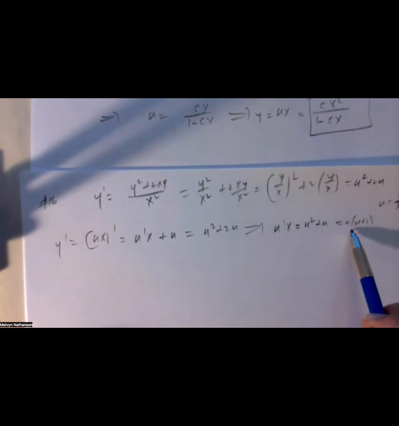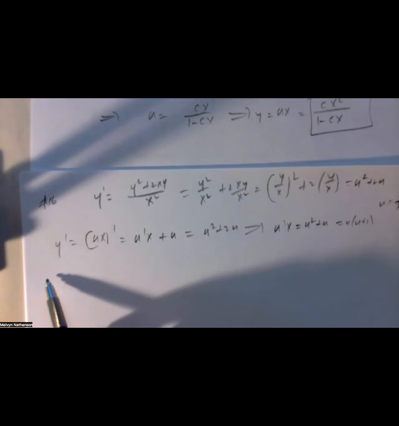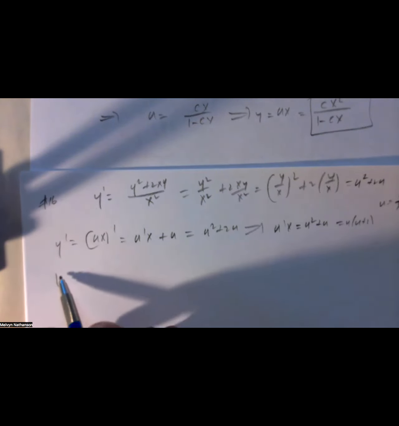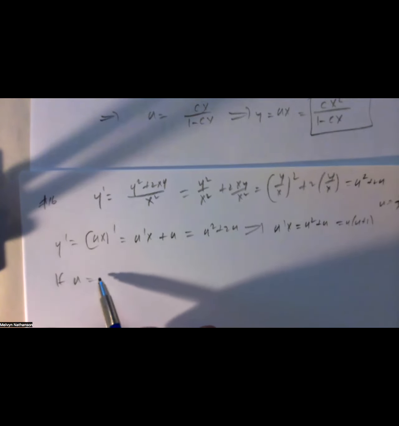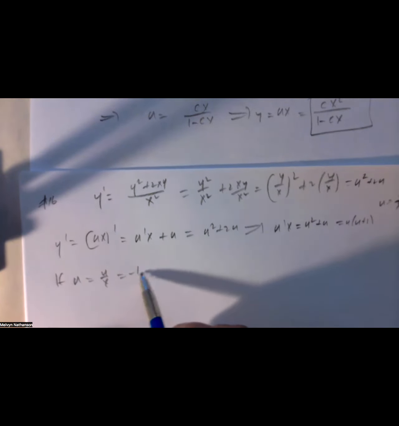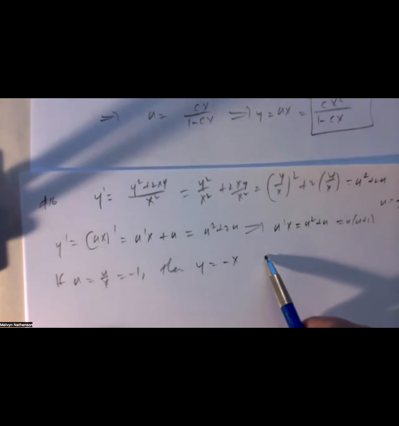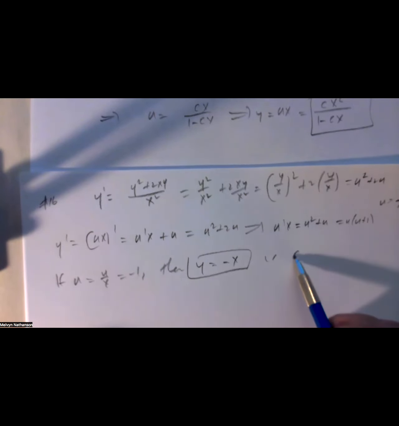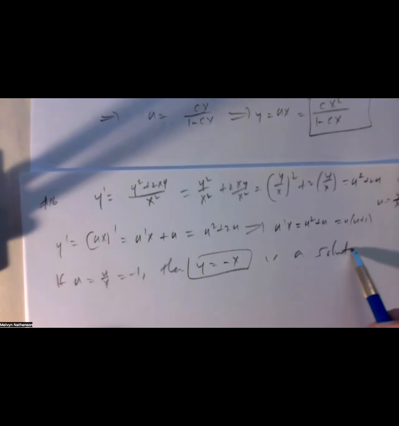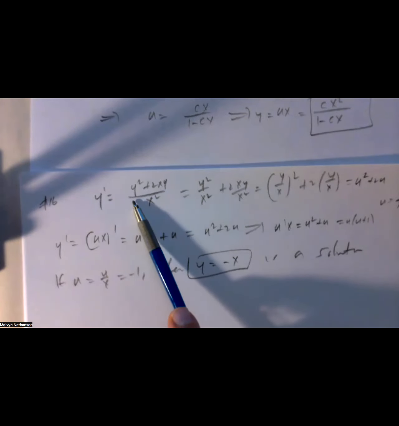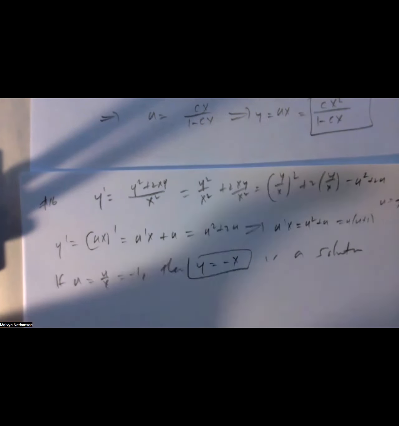Now, I can divide if u is different from 0 or minus 1. If u, which is y over x, is minus 1, then y equals minus x is a solution of this differential equation. If you plug in y equals minus x, you get a solution.